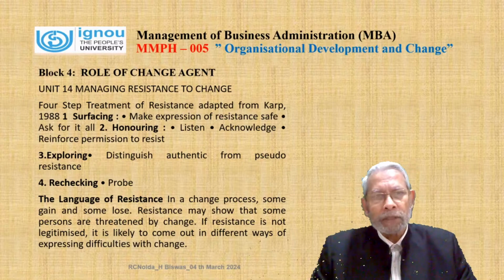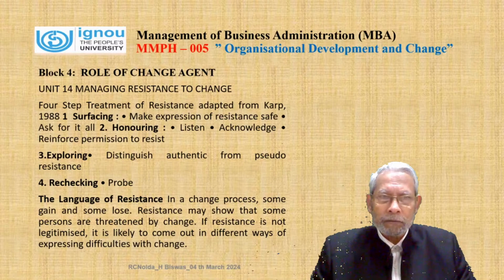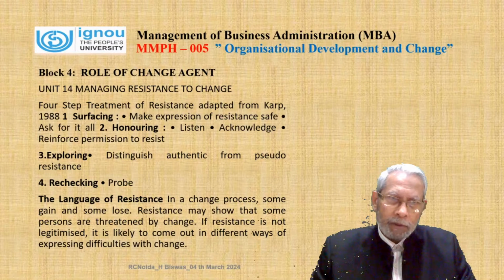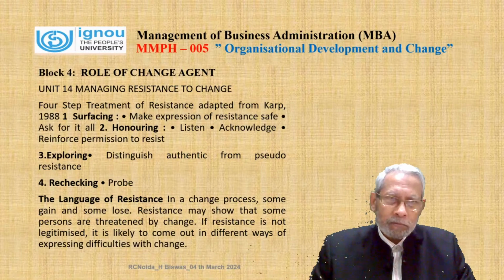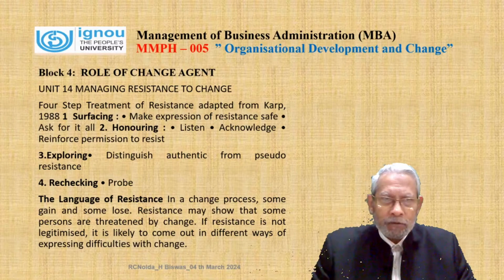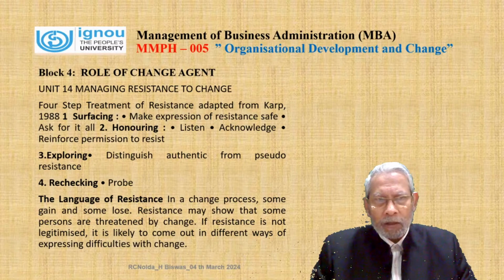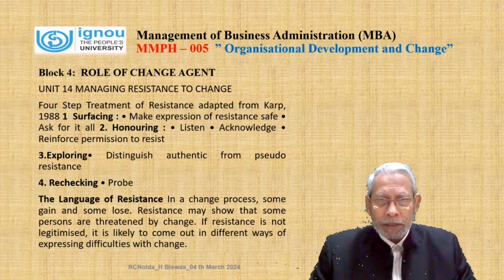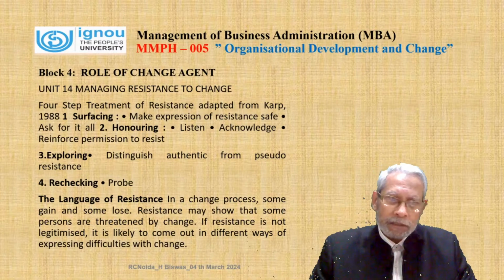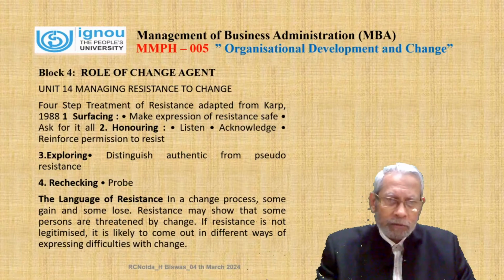You try to understand the things and give permission to resist, so that he can take part. So reinforce the things. Exploring: distinguishing authentic resistance from the previous resistance. Reaching, as we have already discussed.